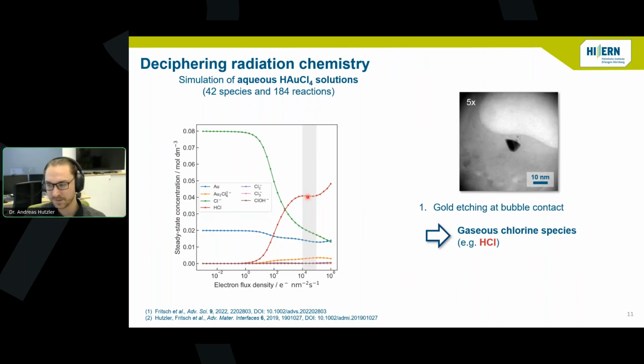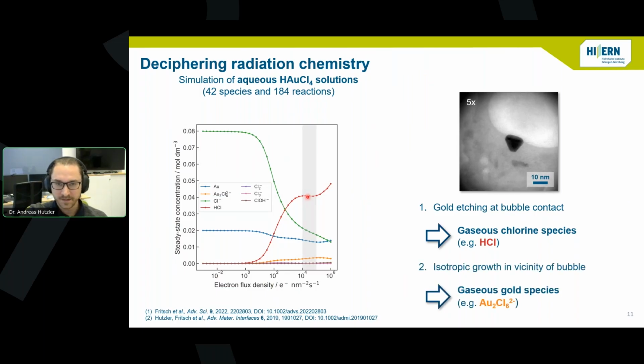This happens with a rate of 10 to the 5 mole per second, whereas the generation of molecular HCl happens 5 orders of magnitude faster with a rate of 10 to the 10 mole per second. And the second thing we see down here is that we have also a gold dimer that is known to be volatile. So it can directly explain what we observe in a, let's say, qualitative way.